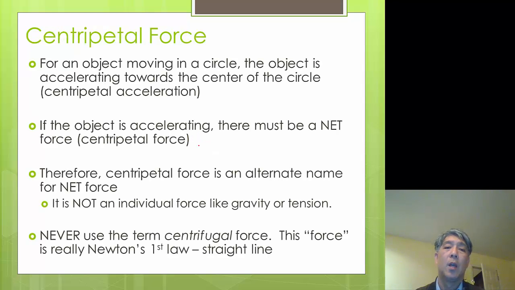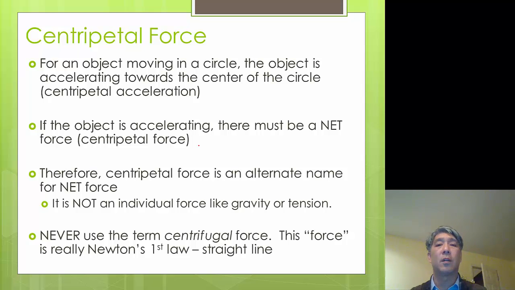Centripetal force, I'm not crazy about this term, because when we say centripetal force, a lot of times we want to add that to our free body diagram and label it force centripetal, F sub c. The problem is that is really bad. Never, never, ever label a force and call it centripetal force on your free body diagram.